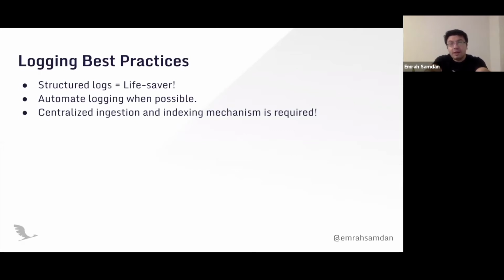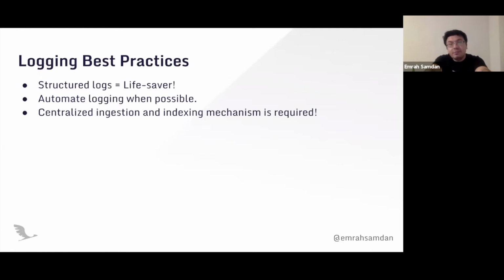You just need to have a strong, powerful ingestion and indexing mechanism in a center. I know many companies using Elastic for that, using Splunk for that, using our solution for that. All of them are actually strong. Instead of just keeping logs on CloudWatch, it's better to have one of these.